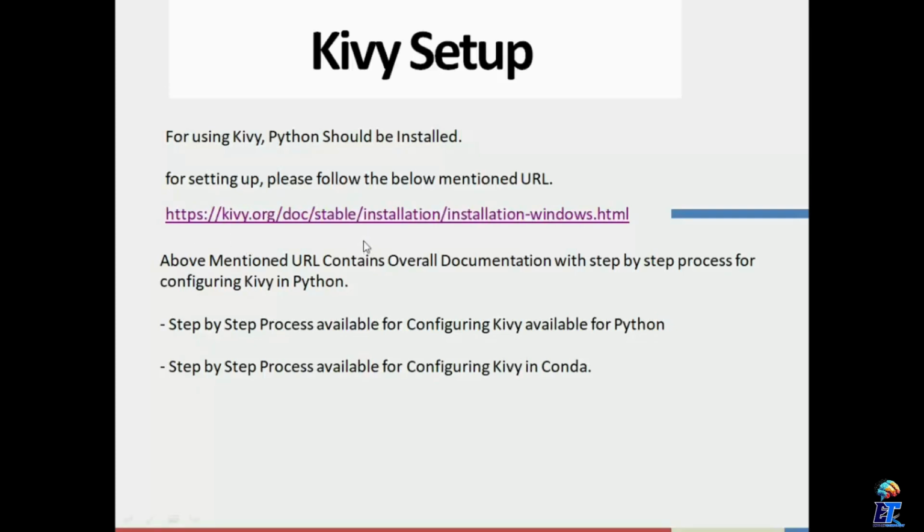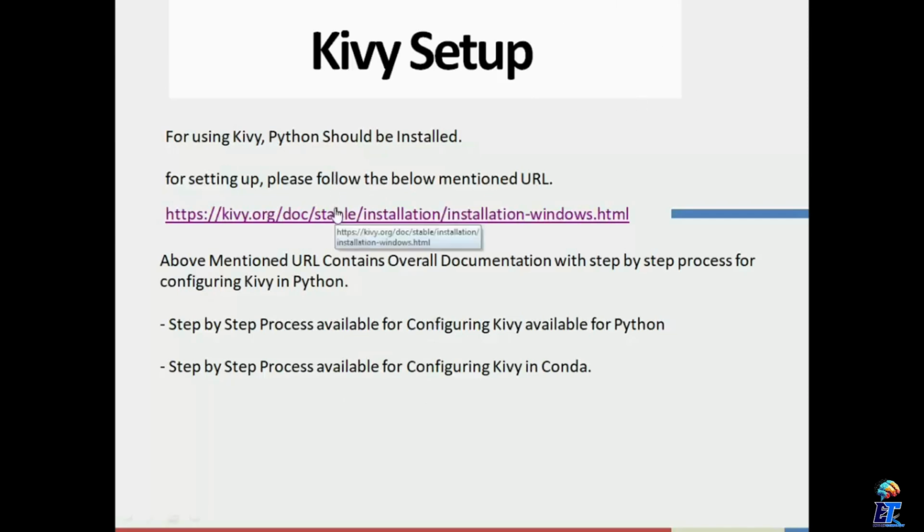It contains all the overall documentation with the step-by-step process for configuring Kivy in Python. If you are using Anaconda, there is a separate process for configuring Kivy in Anaconda.